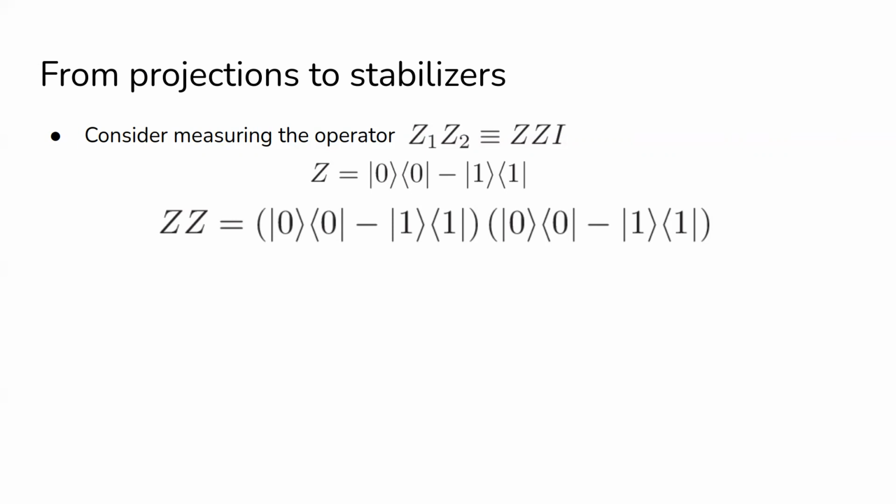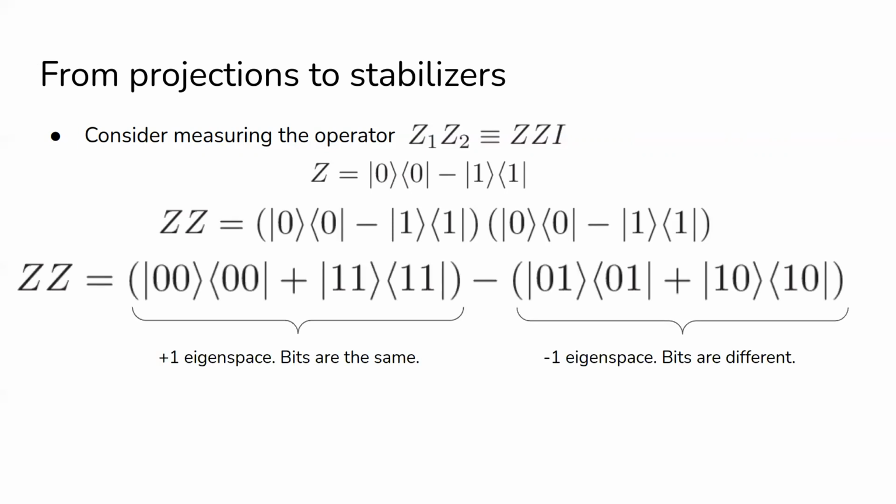Just by expanding these four terms, I can write two of them with plus signs, and that'll be the +1 eigenspace of this operator Z tensor Z. In this space, the two bits are the same. The other two terms come with a minus sign, and in the -1 eigenspace, the bits are different.